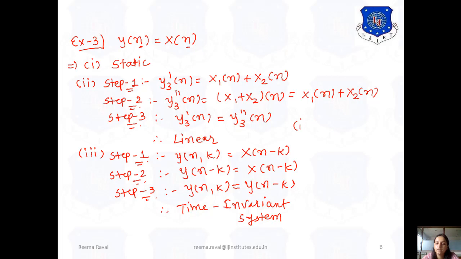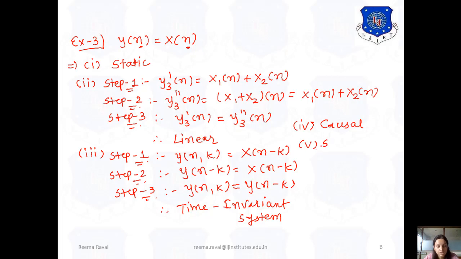Done. Then the fourth property is to find whether the system function is causal or non-causal. As you can see, it depends on the present values only, so this will give us a causal system. Then number 5, whether the system is stable or unstable. For a bounded input, the output is also bounded.